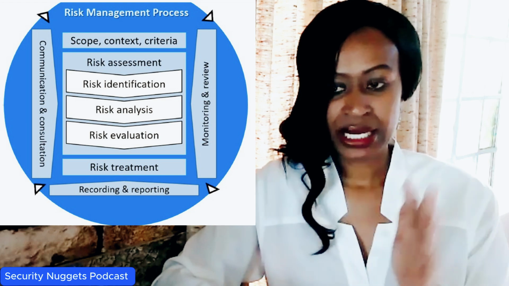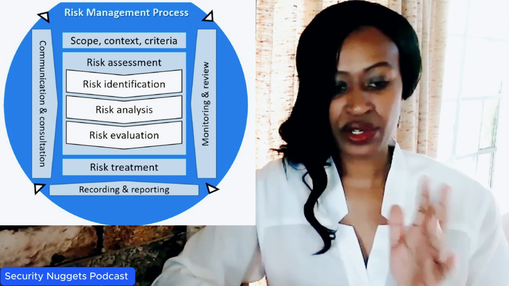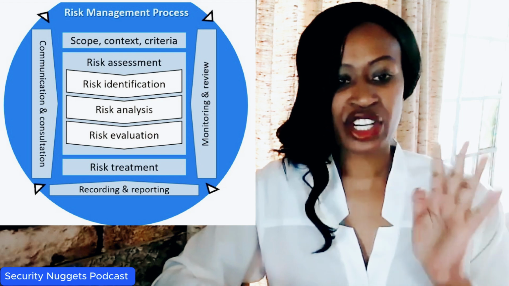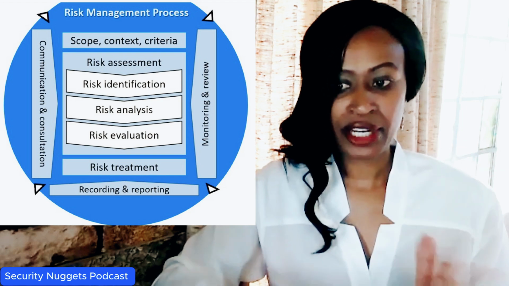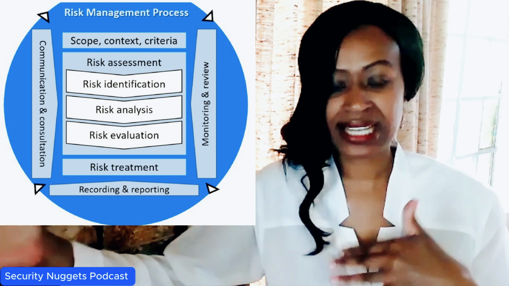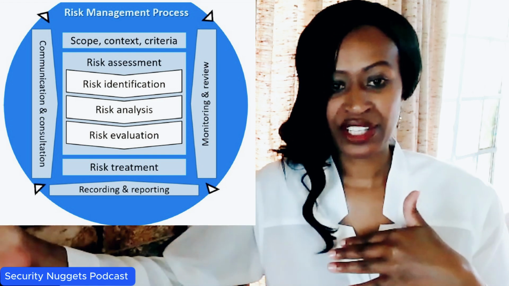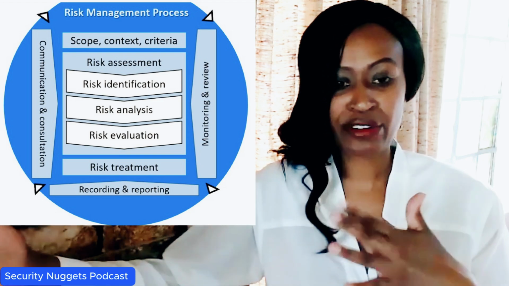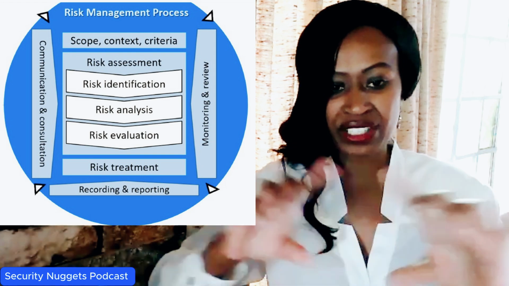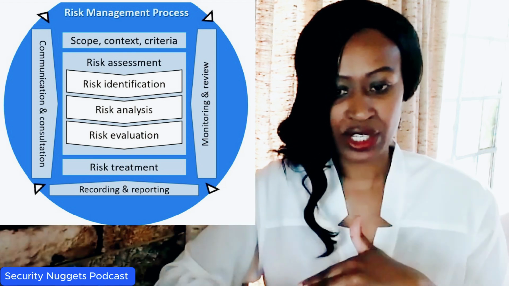For instance, if we say that we are going to do the security risk assessment process within the physical security domain, then we have parameters that we are not going to extend that to other domains like digital security or cyber security or information security, all right? We are going to restrict the process within physical security.